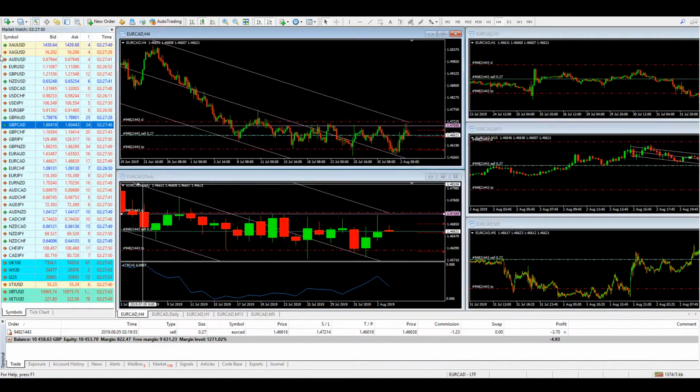I need to find the rate in GBPCAD, and then multiply that against 0.16666. I can see the rate at the moment is 1.6 on the GBPCAD, so I multiply that out, and that means my position size is 0.27, which is here. So my lot size is 0.27.